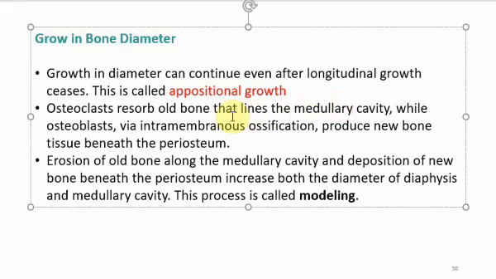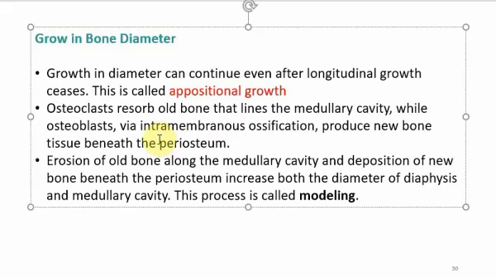At the same time, we have cells called osteoblasts. Through a process called intramembranous ossification, they produce new bone cells and bone tissue just beneath the periosteum, which is the outer layer of your bone. So that erosion of old bone along the medullary cavity, accompanied at the same time by formation of new bone beneath the periosteum, will at the end of the day lead to an increase in the diameter, the size of your bone.